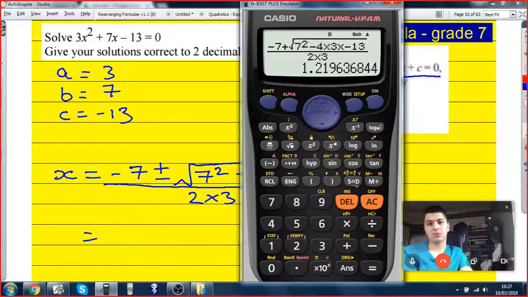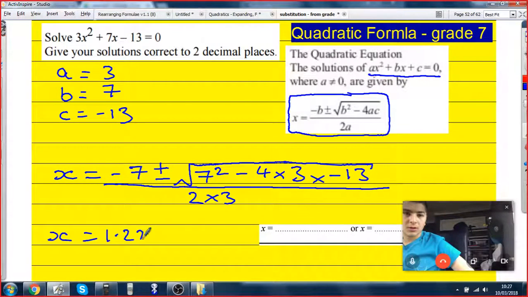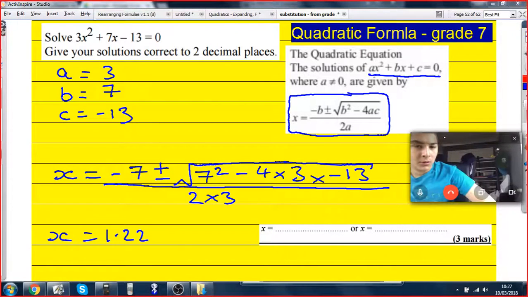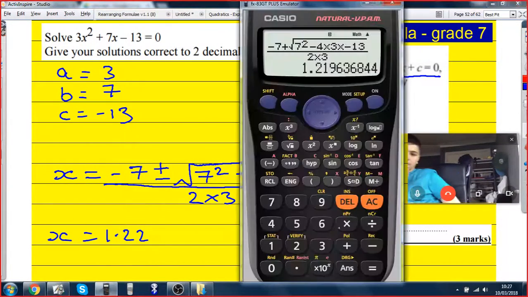Okay, so this one to 2 decimal places: 1.22. So x equals 1.22. And you can see they have the "or" there. So x equals 1.22 or x equals, so that whole thing, keep it where it is, just press left or right, and delete, and change the plus to a minus.